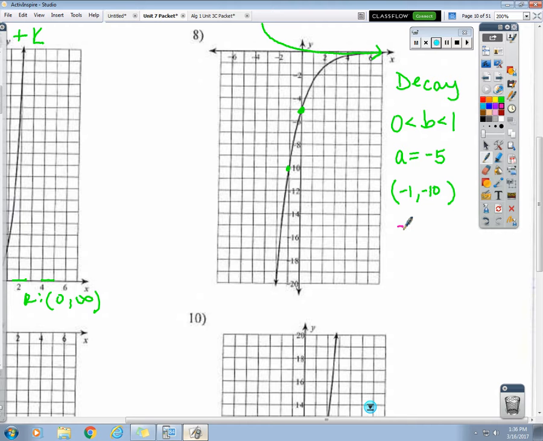So that'll be -10 in the y place equals -5 times b to the -1 power. So to solve this for b, what would you do first? Divide by -5. So now we have 2 equals b to the -1. Since it's -1, you can't just stop. You have to get rid of the -1. And what can we do to get rid of it?